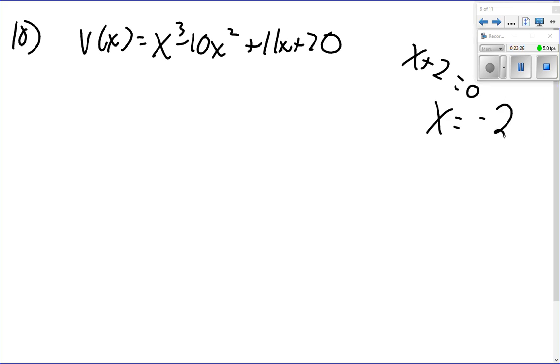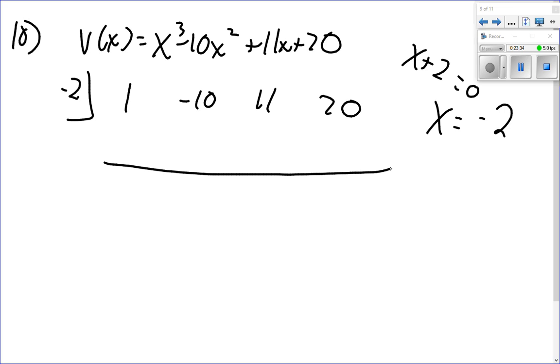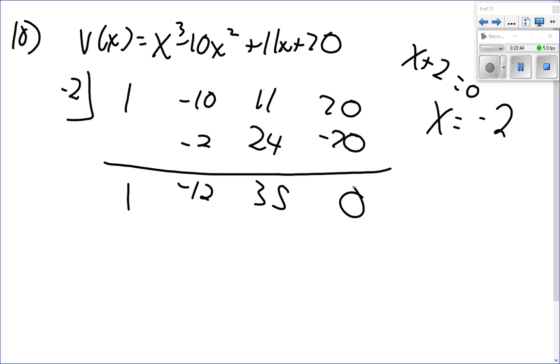And that's what I sub in. 1, negative 2, negative 12, 24, 35, negative 70, 0.